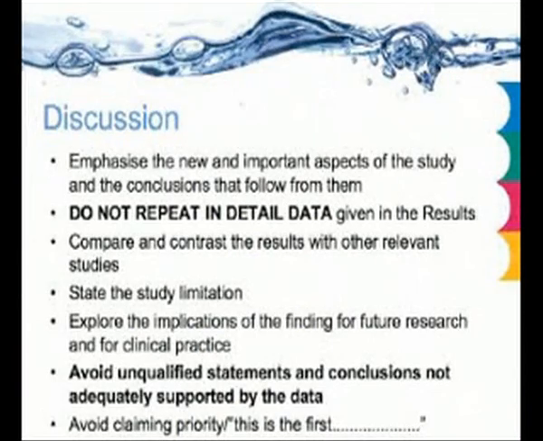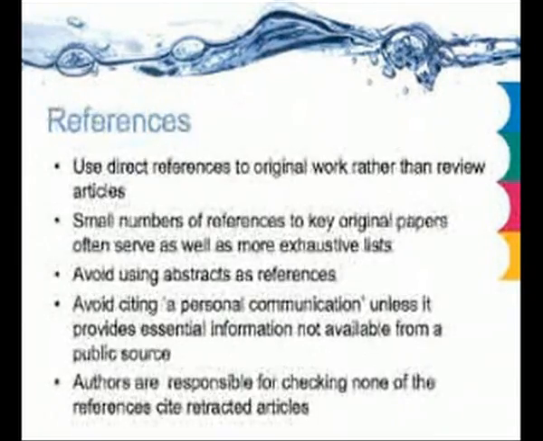You should compare and contrast the results with other relevant studies, state the study limitations, explore the implications of findings for future research and clinical practice, and avoid unqualified statements and conclusions not adequately supported by the data. Finally, avoid claiming priority. Lots of people say this is the first study of this, that and the other, when quite honestly that's not the case.